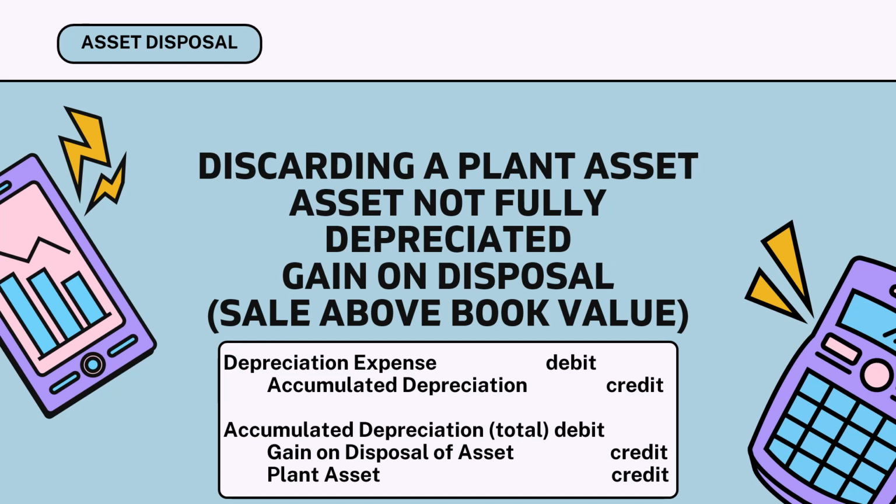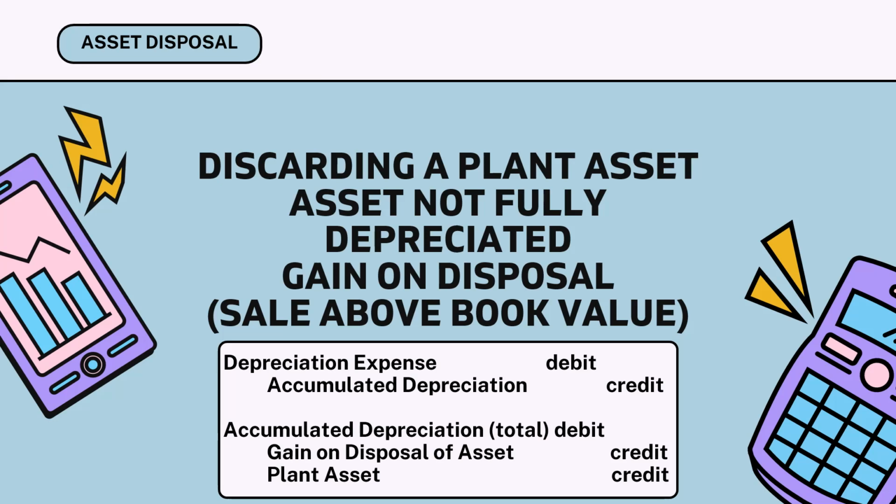If we are discarding a plant asset that's not fully depreciated and there's a gain on disposal, which means the sale is above book value, we will debit depreciation expense and credit accumulated depreciation to bring that depreciation up to date. We will then debit the total of accumulated depreciation, credit the gain on the disposal of the asset, and credit the plant asset.